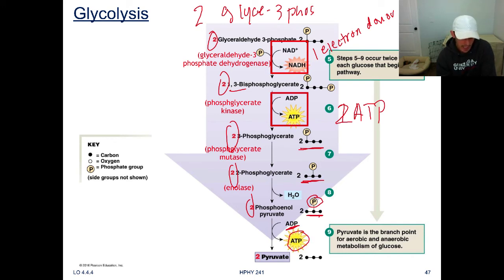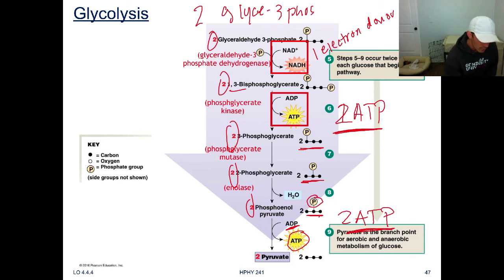Okay? And again, because we started with 2 molecules of glyceraldehyde 3-phosphate, and similar to this step where it was 2 molecules of ATP, same right here, this last step also generates 2 molecules of ATP. Okay, so now we've generated 4 molecules of ATP.